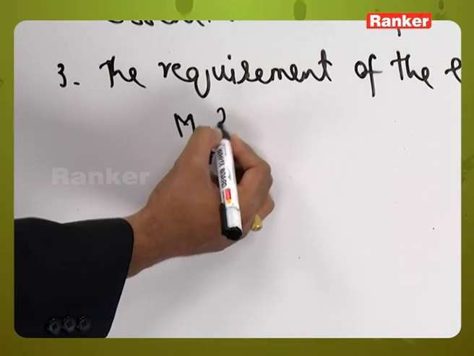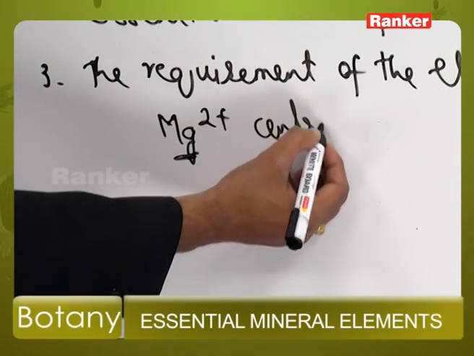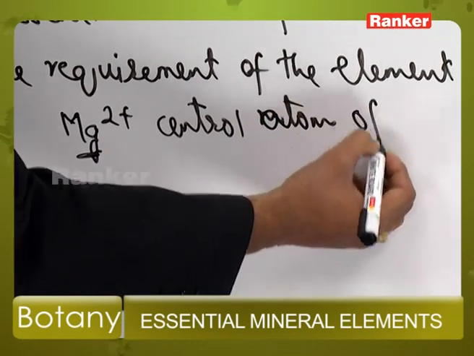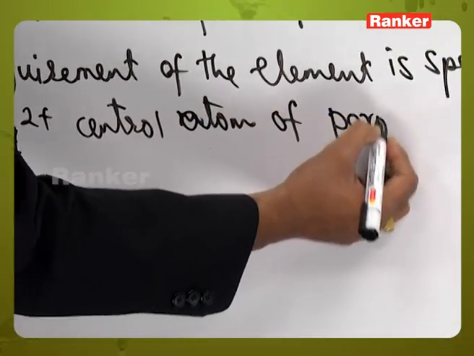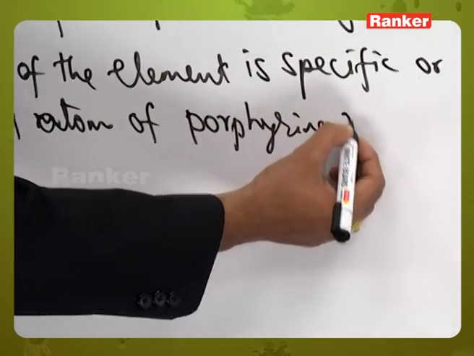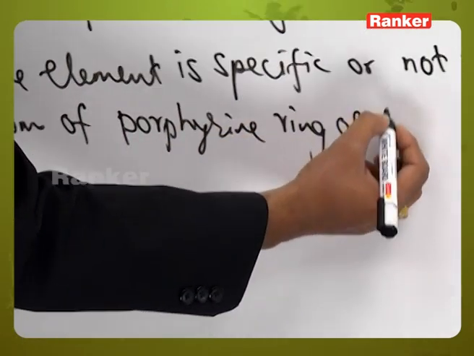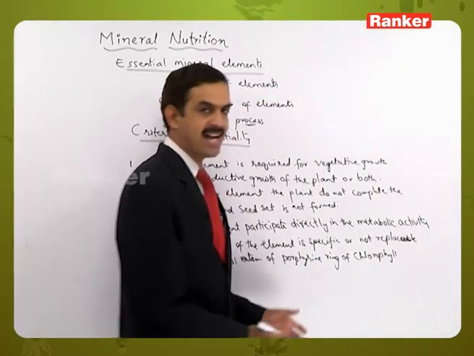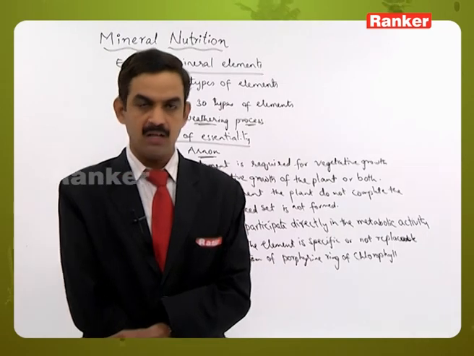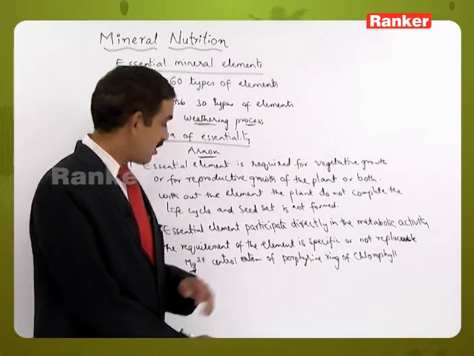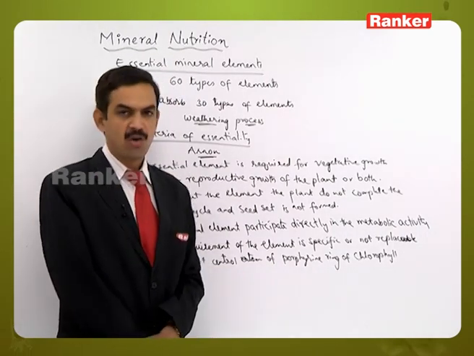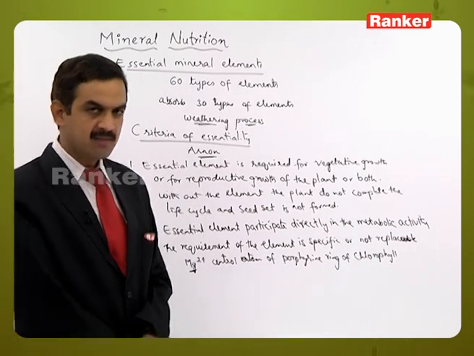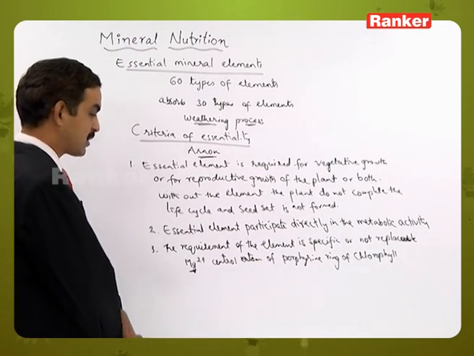A magnesium ion is the central atom of the porphyrin ring of the chlorophyll molecule. If this magnesium ion is deficient or lacking, then the function of this central atom cannot be replaced by any other type of element, and likewise this type of significance is there.